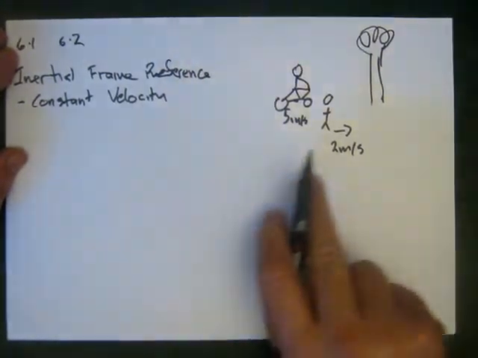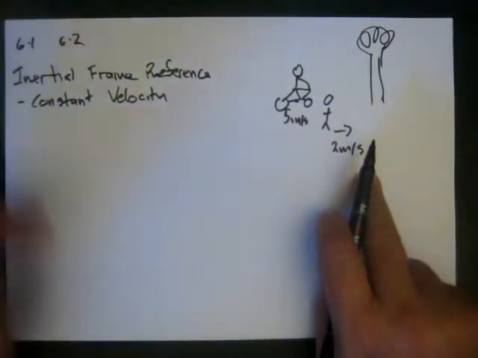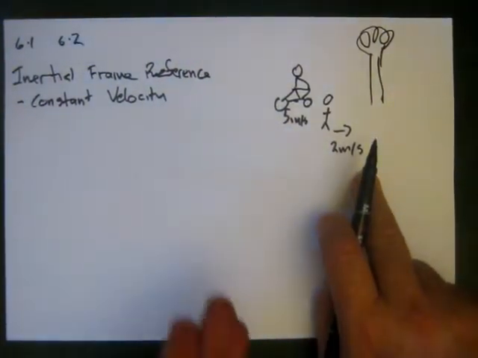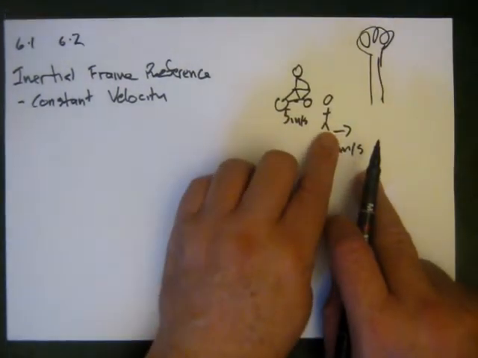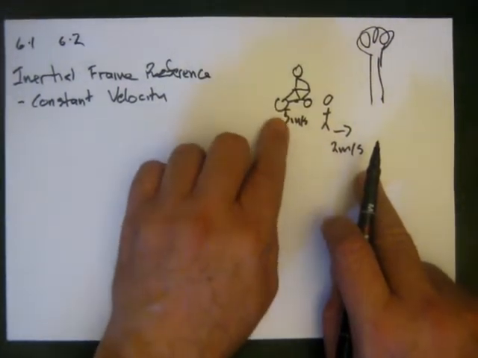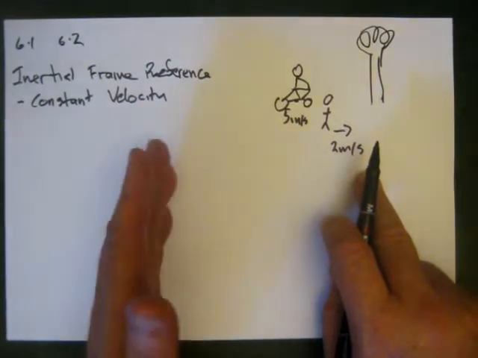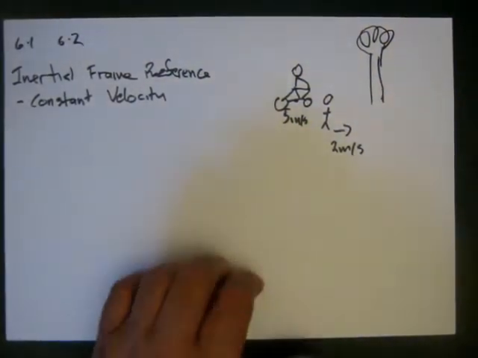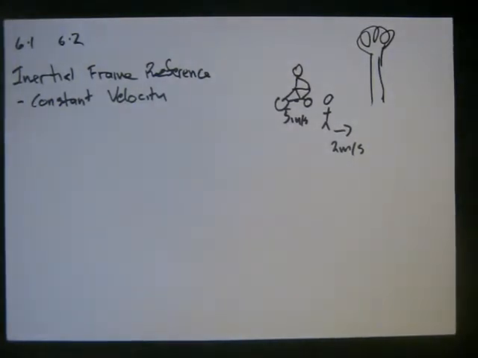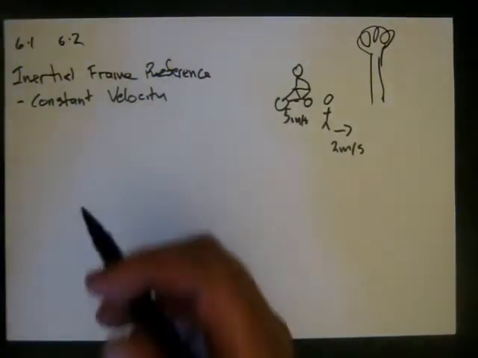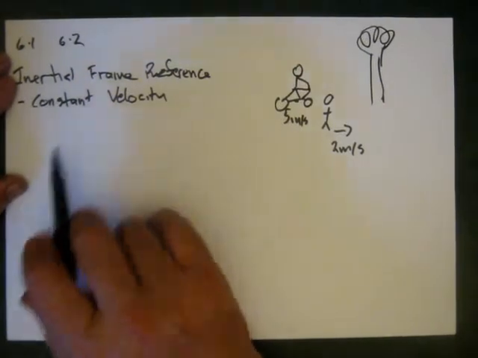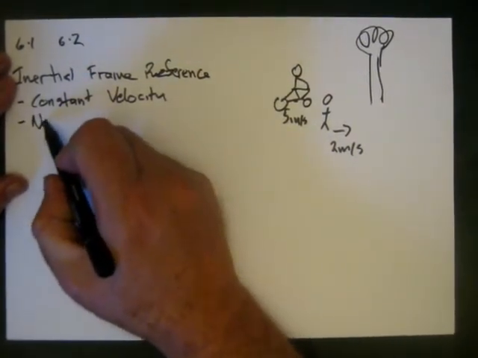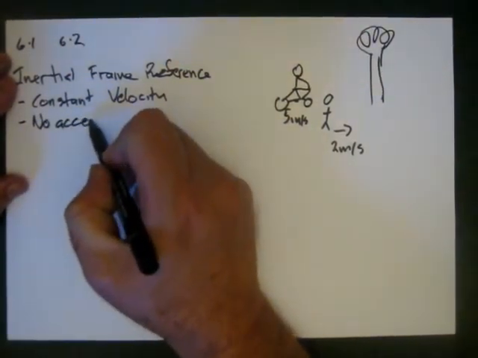So if I'm walking towards the tree at 2 meters per second, I'm not accelerating, so therefore that's an inertial frame. If that cyclist is doing 5 meters per second, that's also an inertial frame. Now that tree is not moving anywhere, it's not accelerating, so that's also an inertial frame. So basically constant velocity means no acceleration.